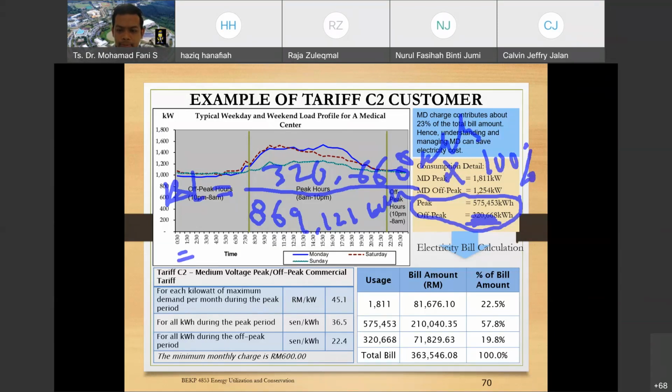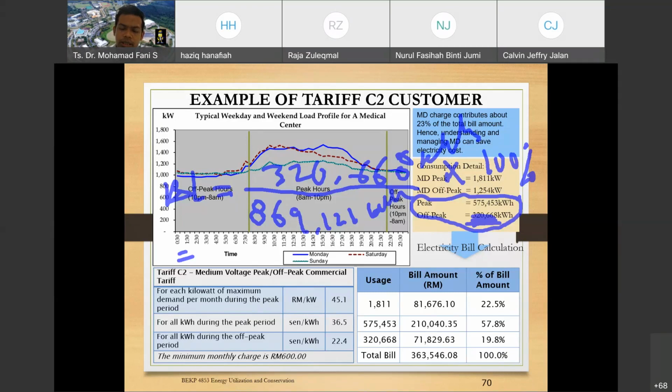35 point? 35.6. Okay, 35.6% the base load.